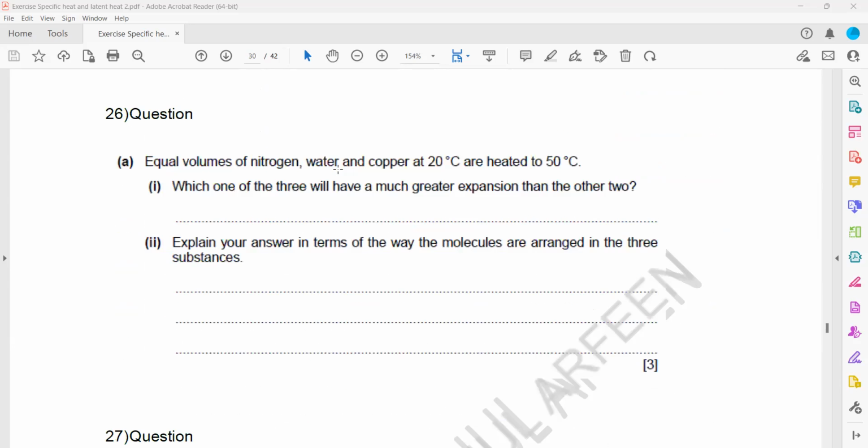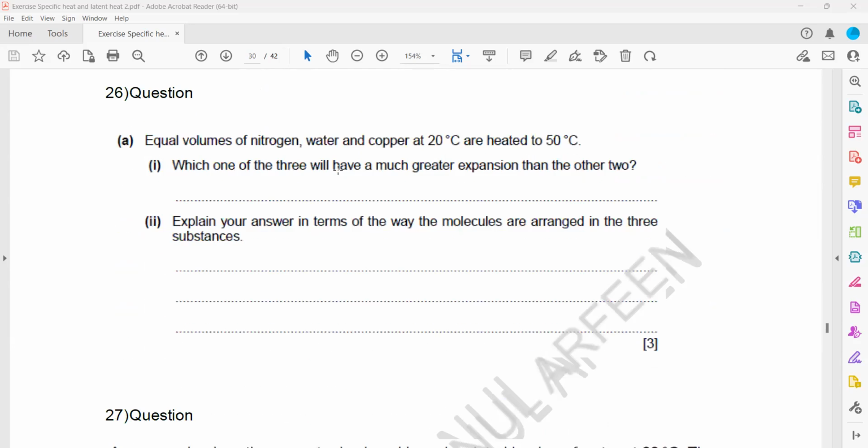Then in question 26, equal volumes of nitrogen, water, and copper at 20 are heated. Which one will have the greatest expansion? This one is a gas, this one is a liquid and this a solid. So gases expand more than liquids and liquids expand more than solids, because in gases the particles have a weak attractive force. The reason is worth 3 marks.